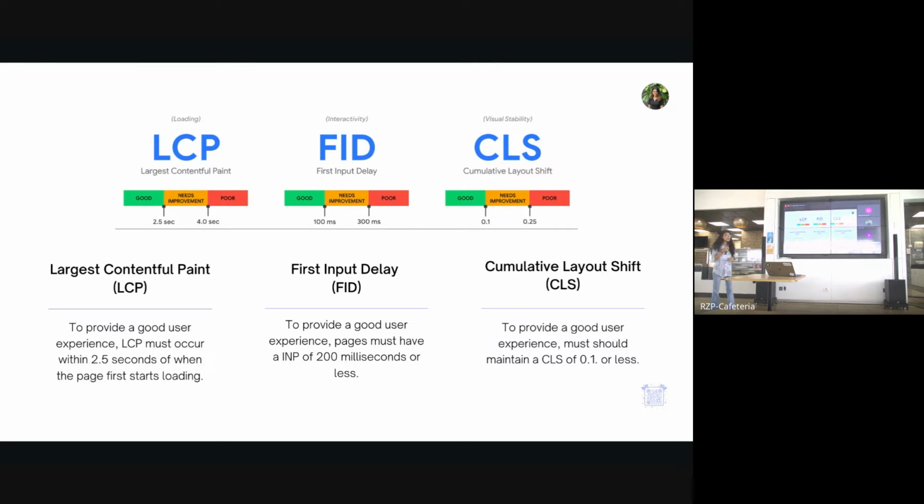For FID, it is 200 milliseconds, because if you are doing an interaction on your website, it shouldn't even take a second. Then you have layout shift, which is not calculated in milliseconds or seconds but in decimal values. If it is less than or equal to 0.1, then it's considered a good CLS metric.